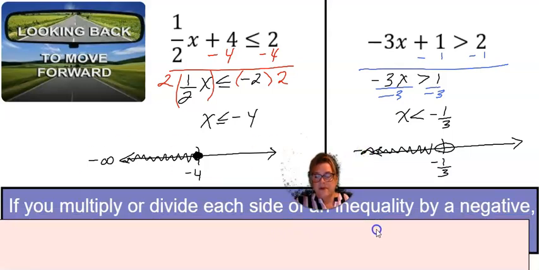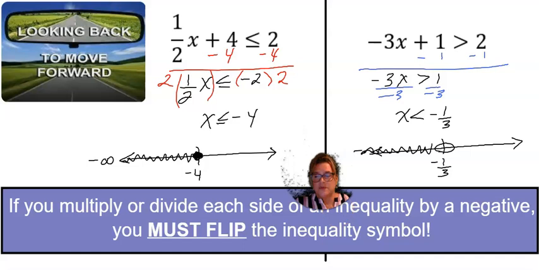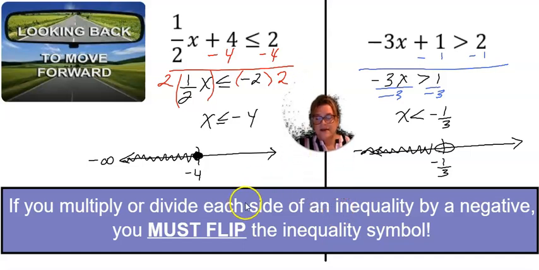So the thing we want to remember is that if you multiply or divide each side of an inequality by a negative, you must flip the direction of that inequality symbol. So greater thans become less thans become greater thans. Another thing to remember is we use closed circles when the endpoint is inclusive, when there's an equals with your inequality, and we use an open circle on the graph to indicate non-inclusive endpoints.